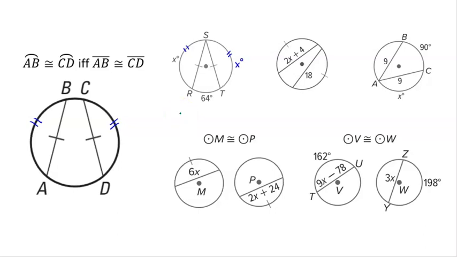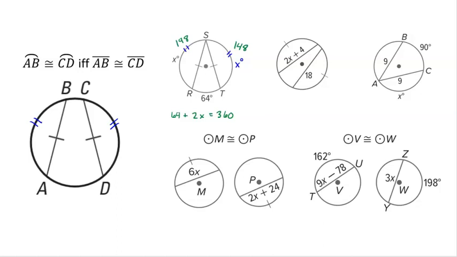So I can write this as 64 plus 2x equals 360. And then when I solve that out, I would do 360 minus 64 and then divide it by 2, and that gives me 148 for both of these.